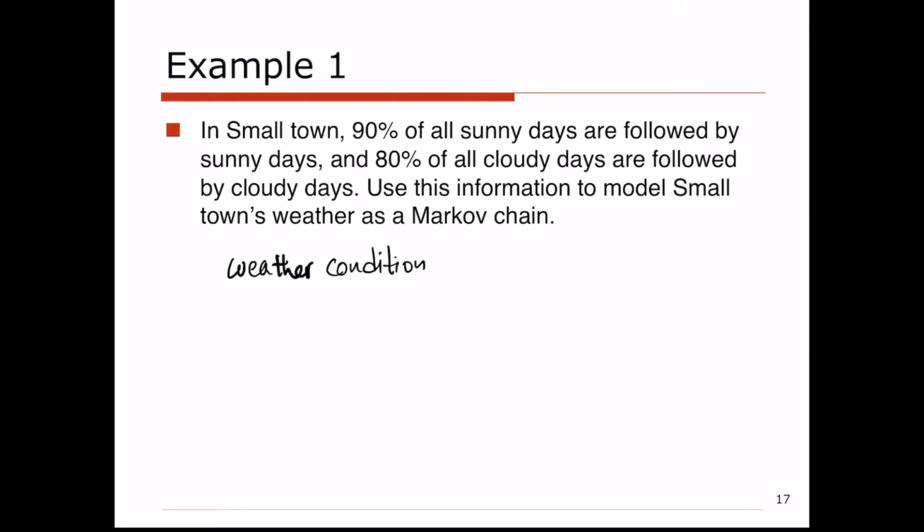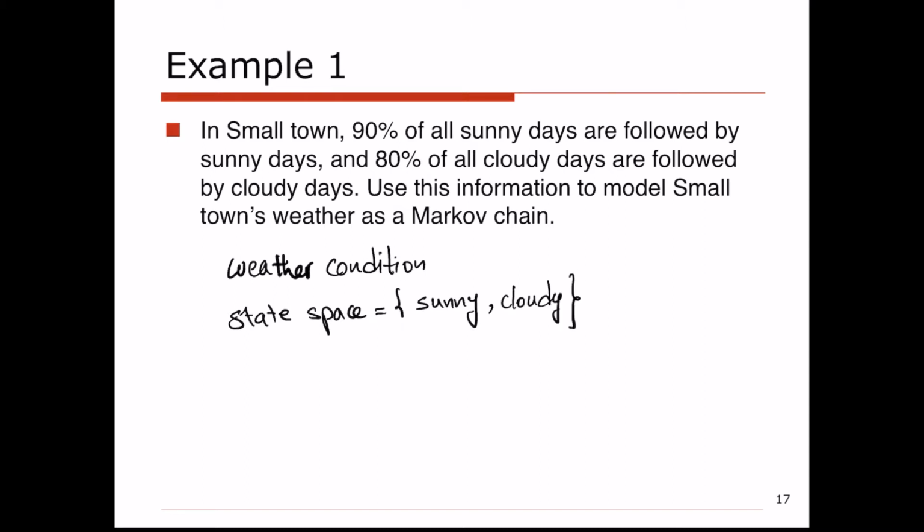Okay, then find out the possible values that the state variable can get. In other words, find out your state space. So what are the possible values that the weather condition can get in this problem? If you read the problem carefully, you will see that there are two possible values for weather condition: sunny and cloudy.